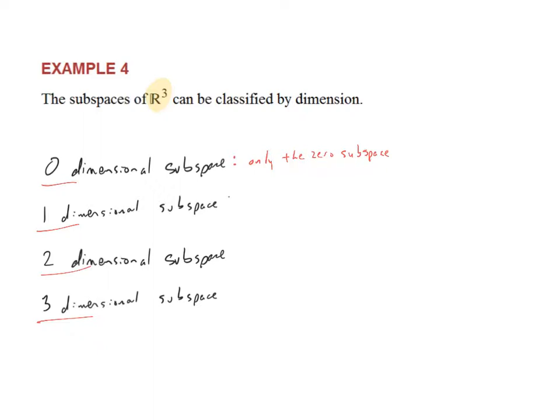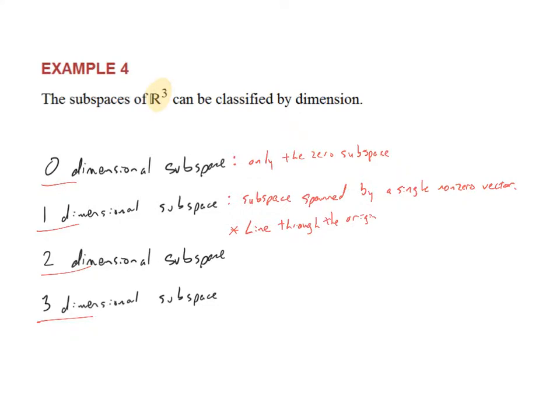A 1-dimensional subspace is a little bit more interesting. That is a subspace spanned by a single non-zero vector. And additionally, what does it look like? Because we're talking R3, we can conceptualize what these look like. It is a line through the origin.